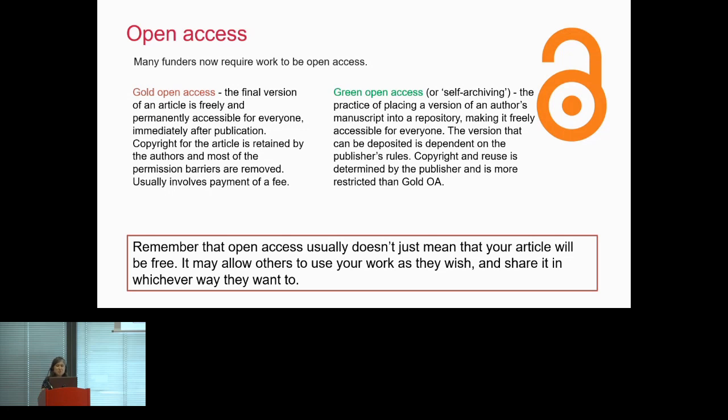Gold is good for readers and for publishers, and also allows authors to widely share and reuse their research while retaining copyright. However, often authors need to pay an article processing charge.